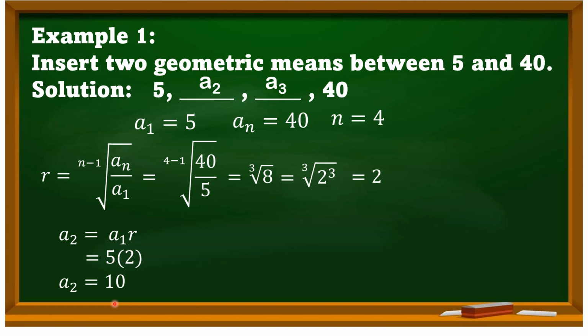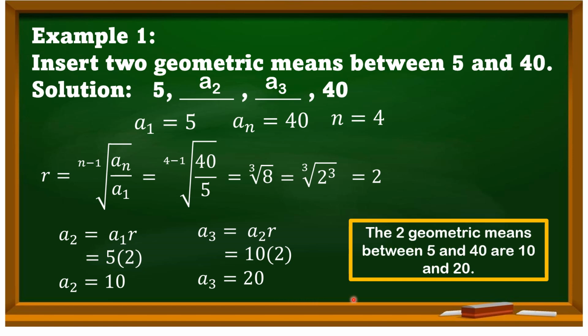Next, we solve for a sub 3, which is a sub 2 times r. The value of a sub 2 is 10, and r is 2. So we have 10 times 2, which is equal to 20. So the final answer in example number 1: the two geometric means between 5 and 40 are 10 and 20.